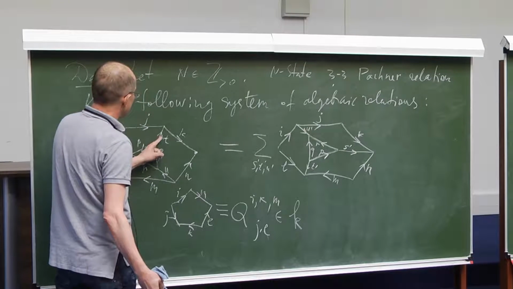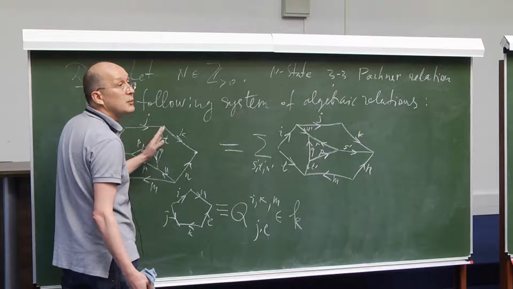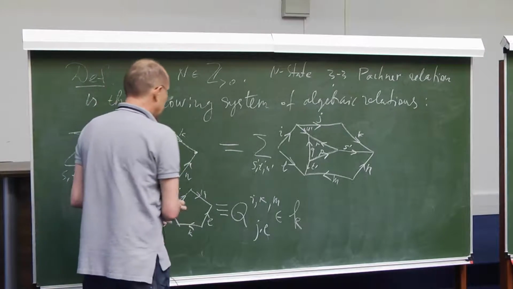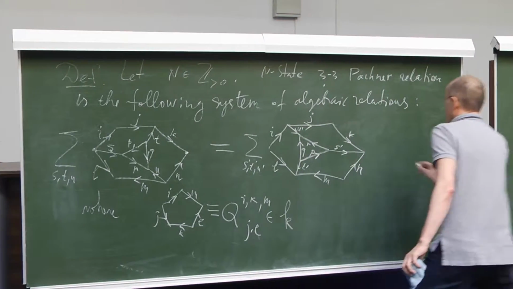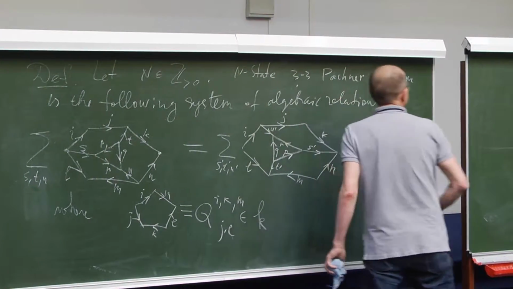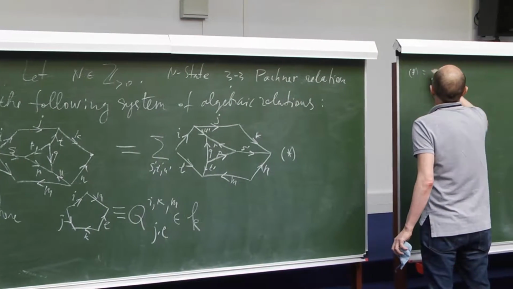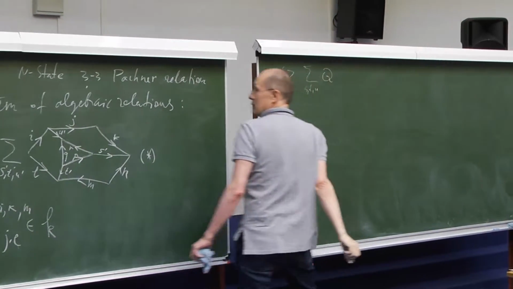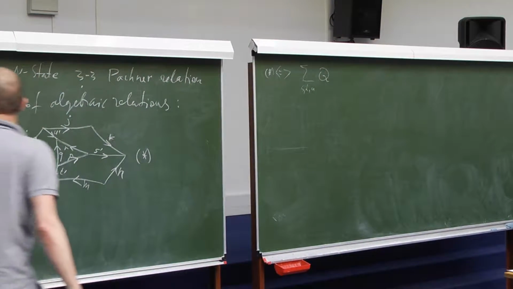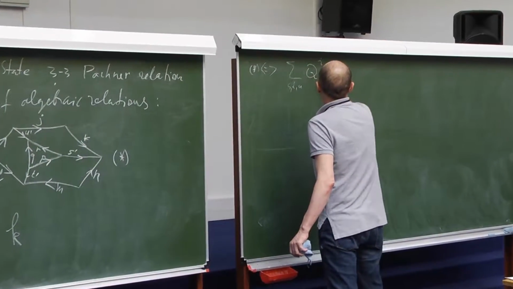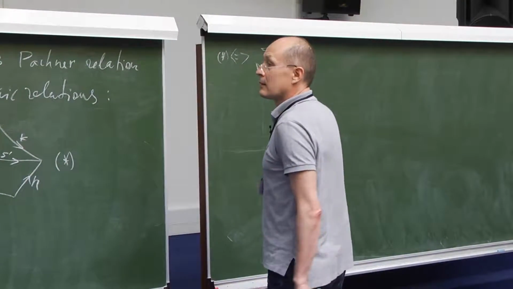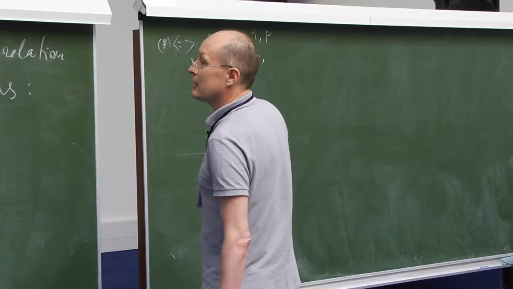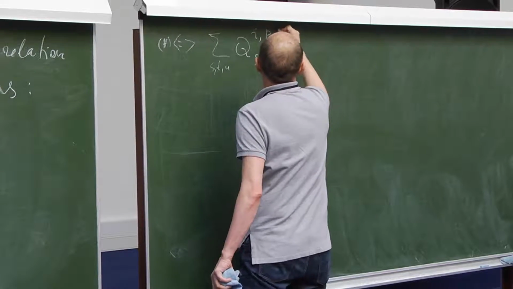So if we have an edge shared by two pentagons, that means that you put the same edge for each pentagon and you take a product. So in other words, the relation star is equivalent to sum over S, T, U of Q with I, S, P, T, J, right?